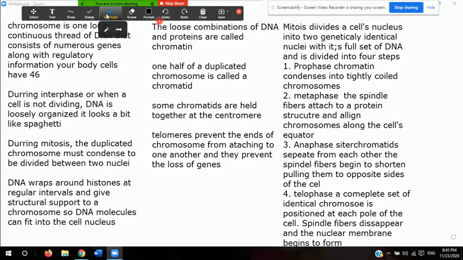Now, before we go to mitosis and talk about the steps in mitosis, let's talk real quick about interphase.